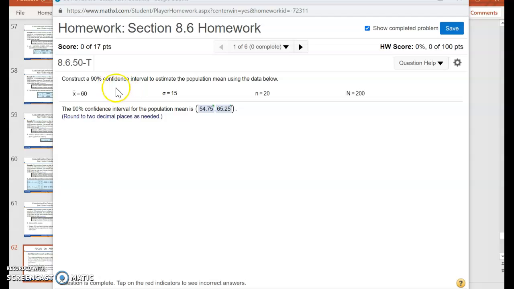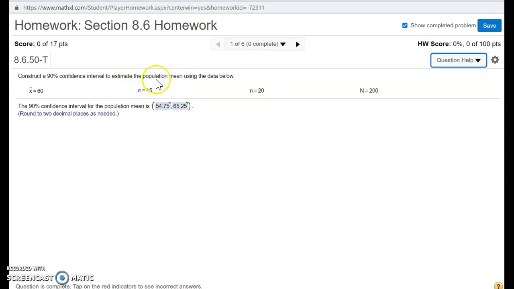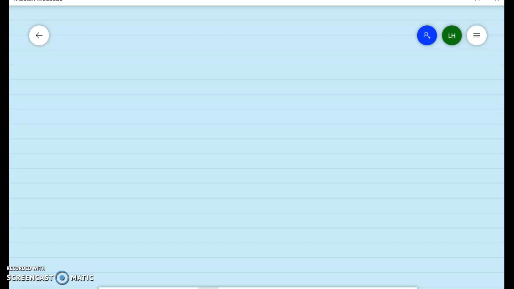Here we have a 90% confidence interval, and we want to estimate the population mean. Well, look at n and look at the sample size divided by the population size. Here 20 divided by 200 would be 1/10, which is 10%.